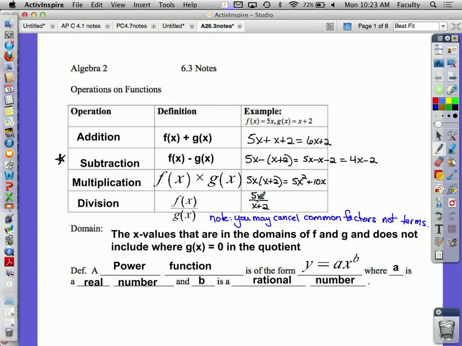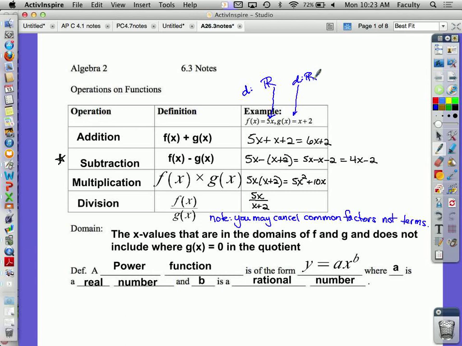Domain, remember, are values that you can plug in for x. So the x values that are in the domains of f and g, and does not include where g of x equals 0 in the quotient. So if you think about this, the domain of 5x is all real numbers. And the domain of g of x is all real numbers, because those are lines, right?